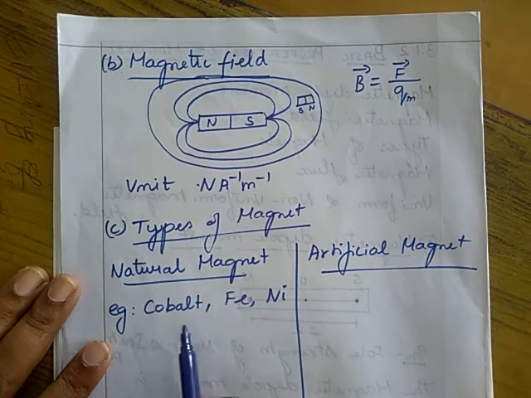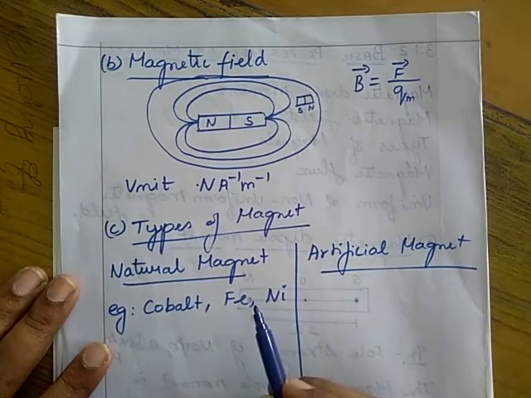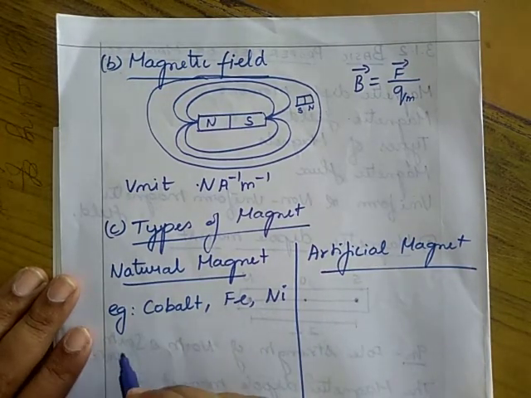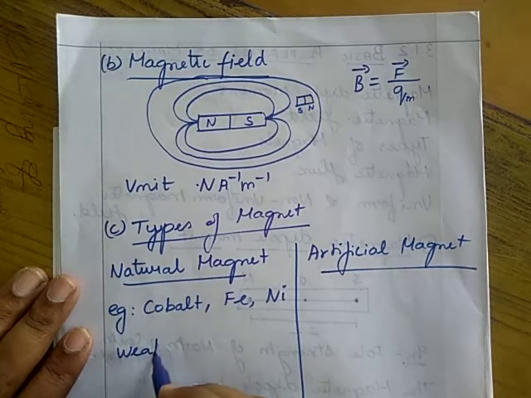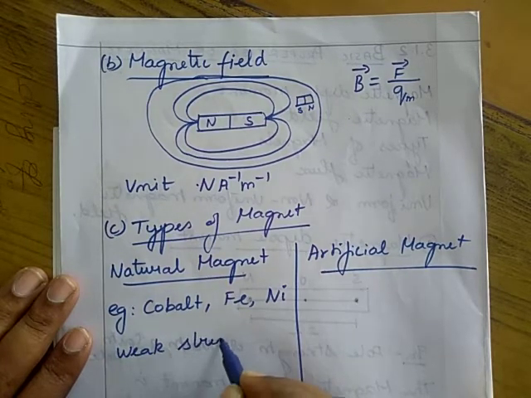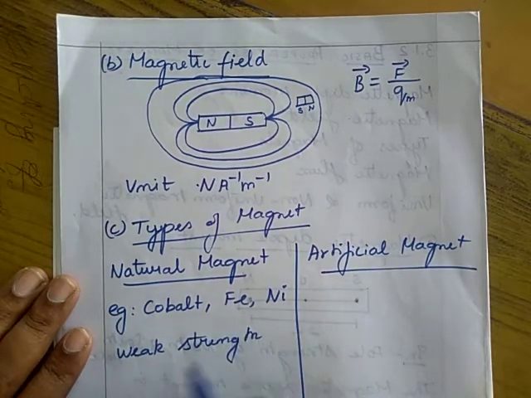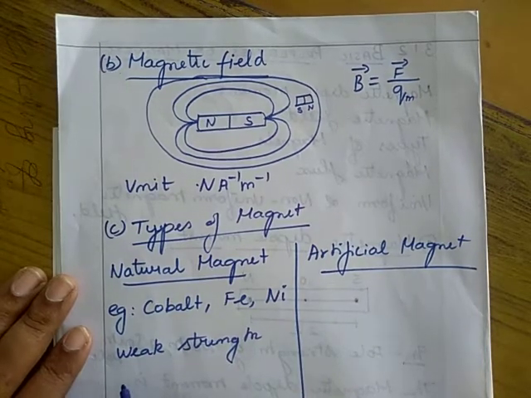Here this natural magnet has a very weak strength, and the shape of this magnet is irregular.